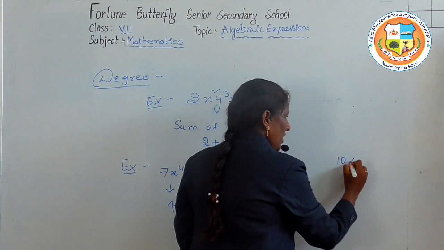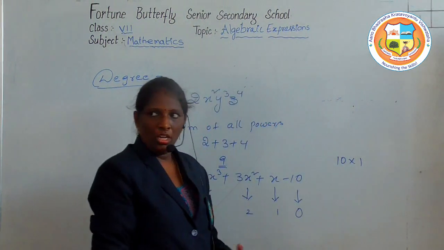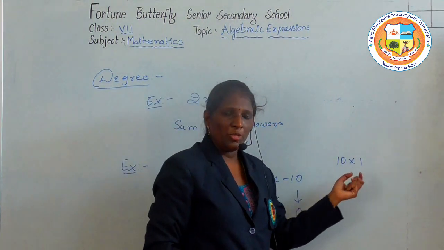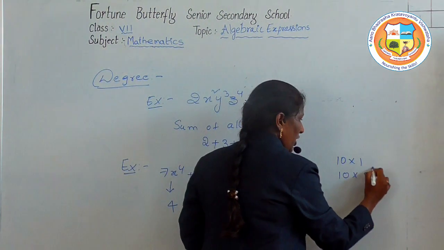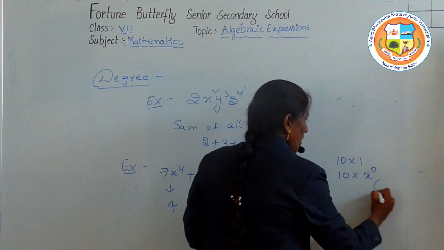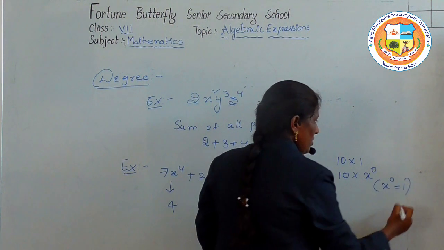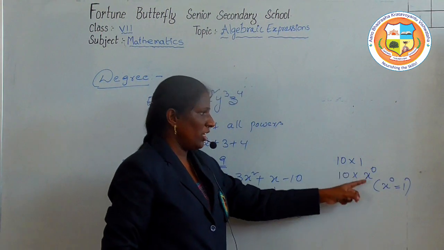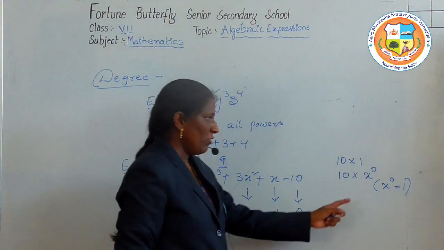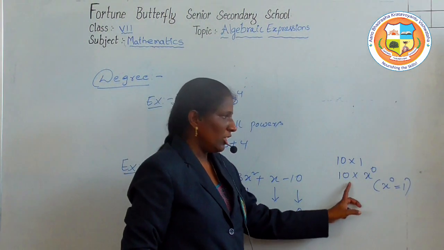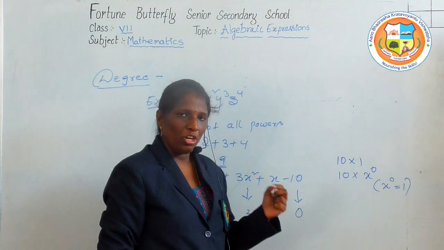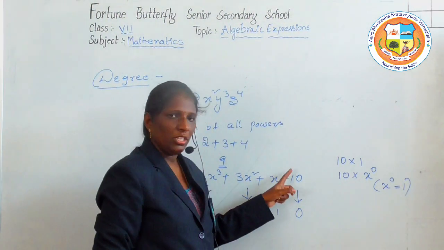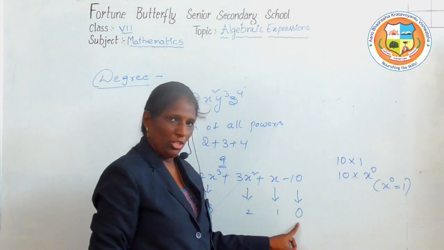Now 10, I will write as 10 into 1. In exponents, 1 is written as x^0, because you already know that any number to the power 0 is 1. That's why in place of 1, I will write x^0. x^0 means it is a constant, the power is 0. That's why the constant's power, the constant's degree, is always 0 only.